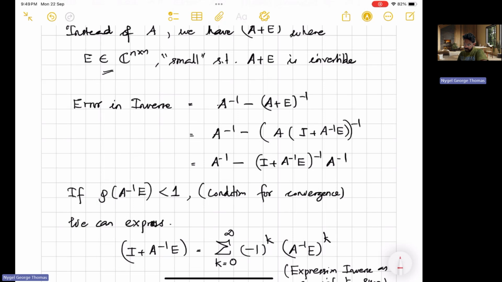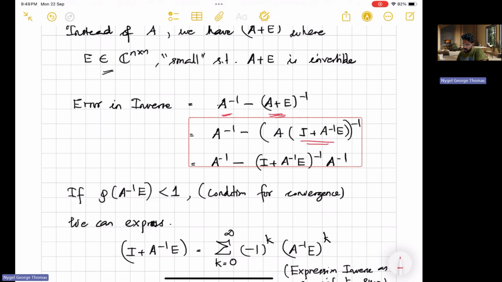Now let's look at the error. The error in the inverse is A inverse minus (A plus E) the whole inverse. If we take A outside from this term, it will be A into (I plus A inverse E) the whole inverse.